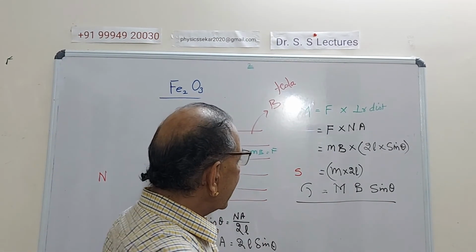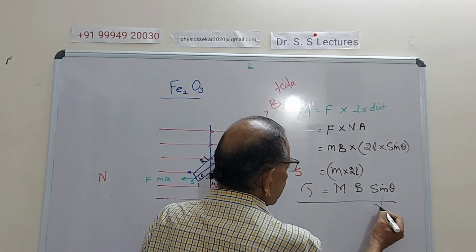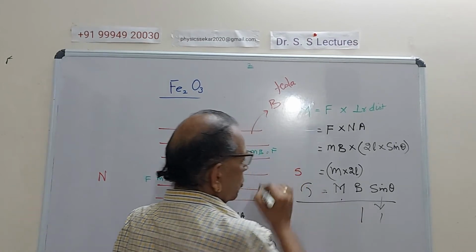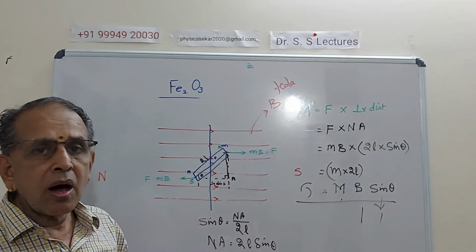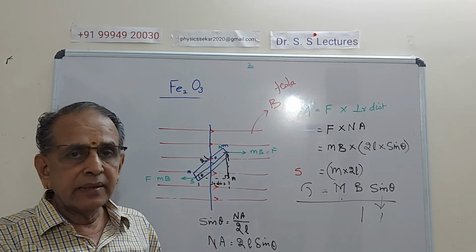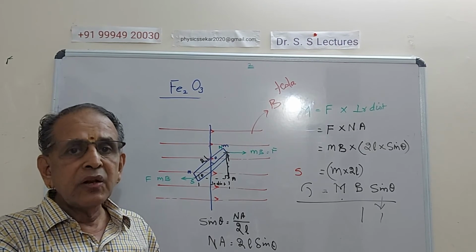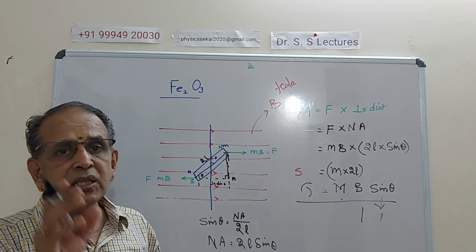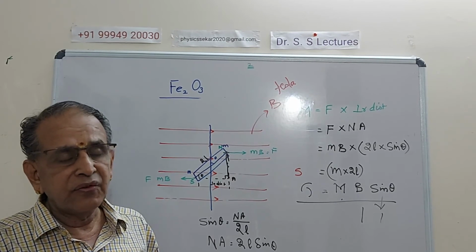So, we find that when this becomes 1, M becomes tau. It is the torque acting on the magnet placed in a uniform unit magnetic field at right angles to the direction of the magnetic field.